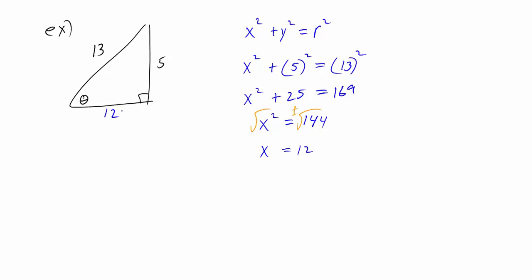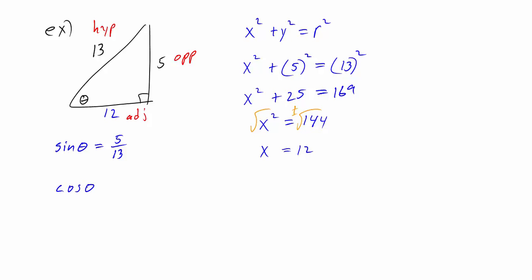And once again, once we have the triangle solved for all three sides, we could certainly then go and find the other trig functions, such as the sine of the angle, and sine would be, that's the SOH, so that's opposite. And again, this may help you to label. We would have opposite, adjacent, and hypotenuse. So that would be opposite, which is 5 over the hypotenuse, which is 13.